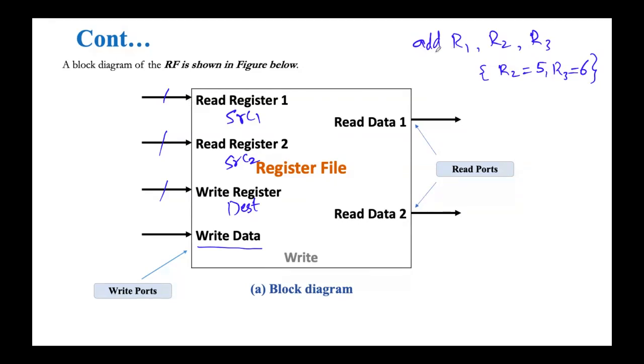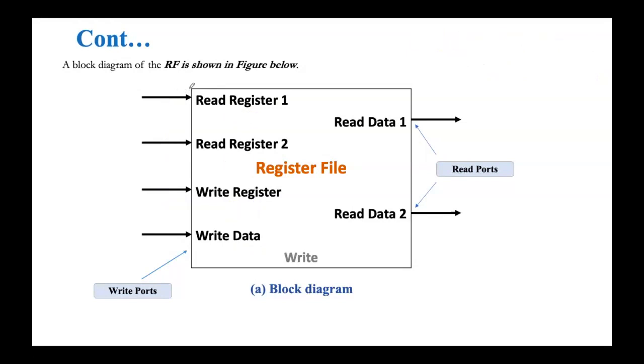When this instruction is decoded, register 1, that is the first operand R2, will be identified. The second operand is R3, and the result will be stored in R1.